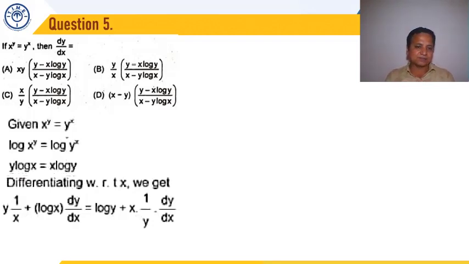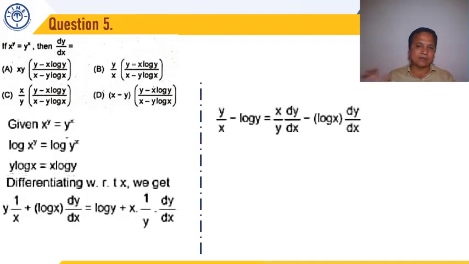Now we have to separate the terms containing dy by dx to the left hand side and the rest to the right hand side, just to simplify the expression. So we take dy by dx x upon y, which was already on the right hand side. Then dy by dx log x moves from left side to right side, sign changes.